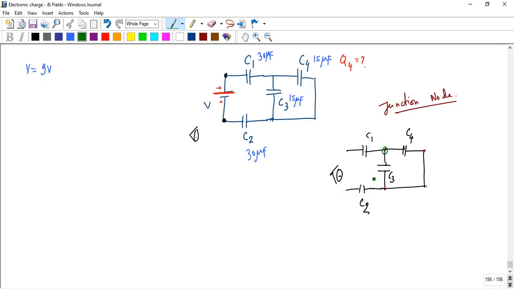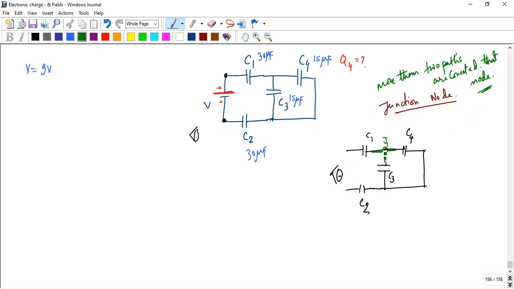Here this node is a junction node, call it J1, because there are three paths connected. Any node where more than two paths are connected is called a junction node or junction point.